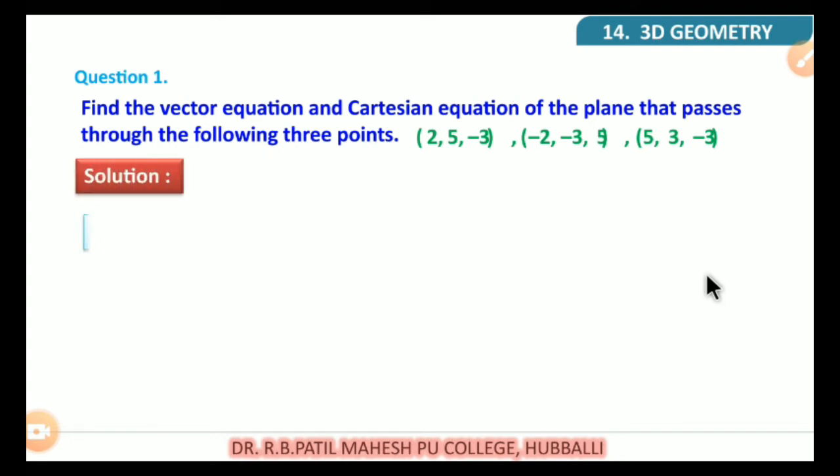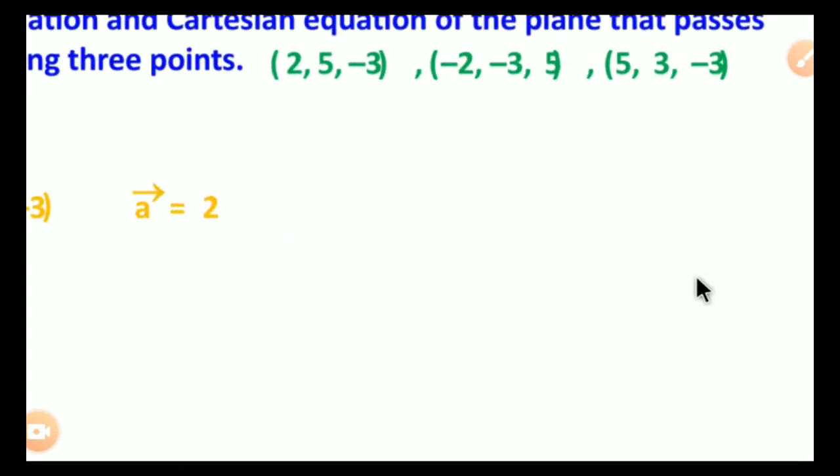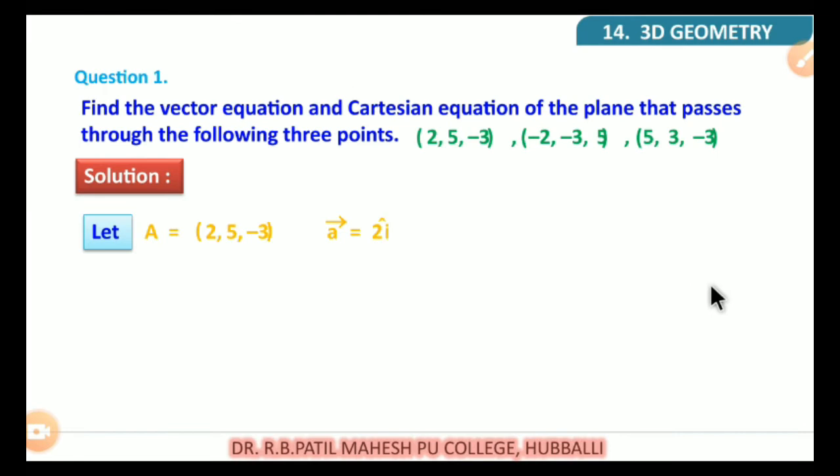So for the solution, I am going to take the points here. Already they have given 3 points. Therefore, we can take point A as 2, 5, minus 3. Therefore, vector A is 2i plus 5j minus 3k.